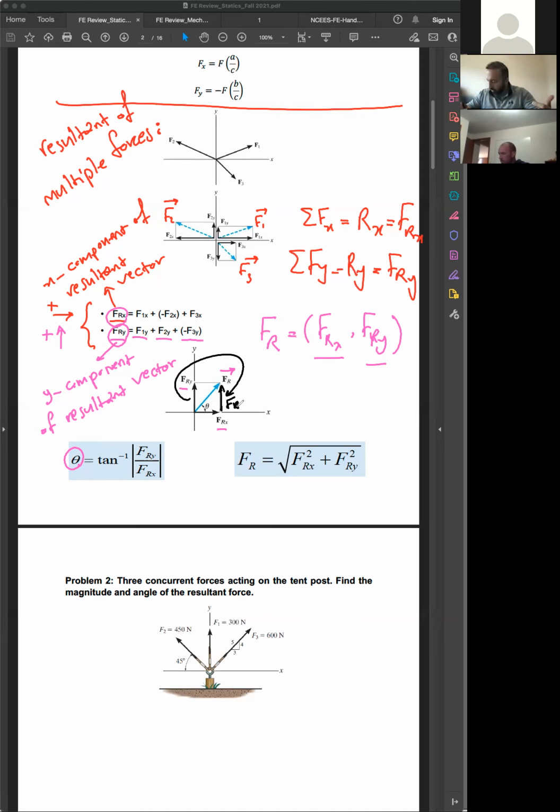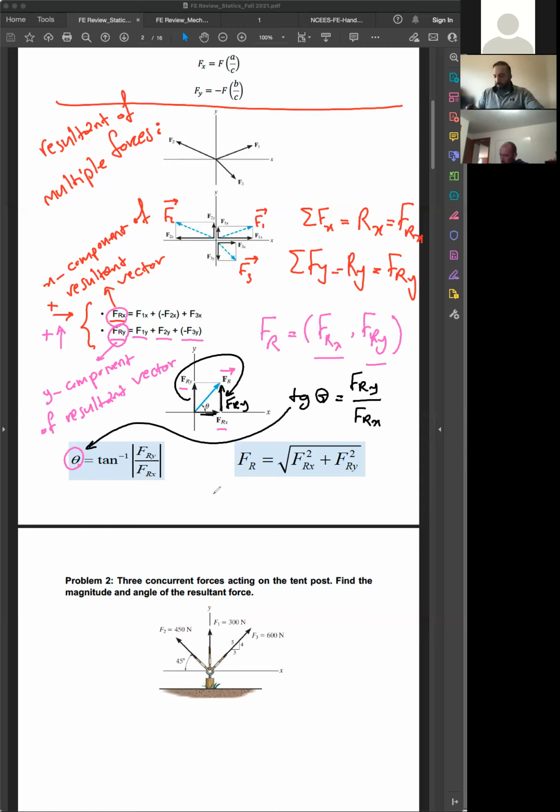So this is your FRY vertically, okay? So what is the tangent of theta? The tangent of theta would be equal to opposite of the angle, which is FRY, over adjacent of the angle. All right. This is what you see here. So the theta itself would be the arctangent of FRY over FRX.